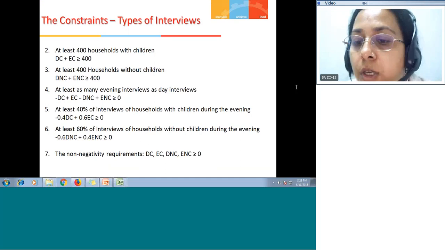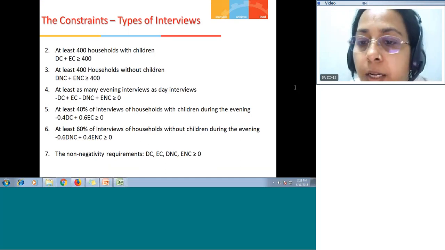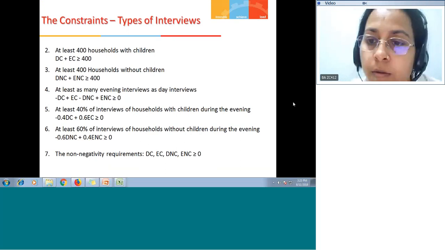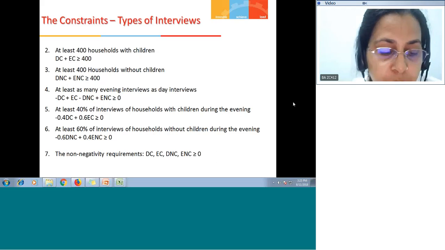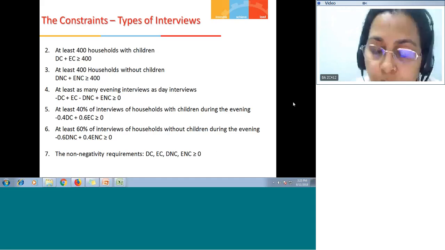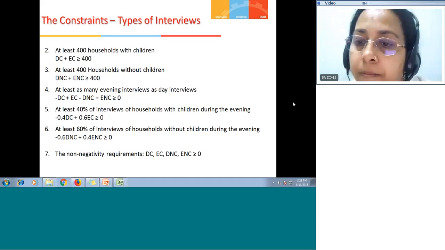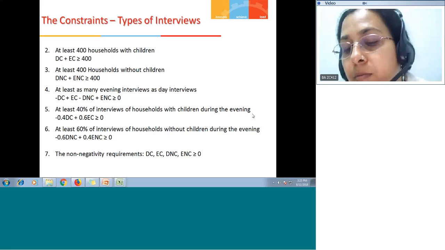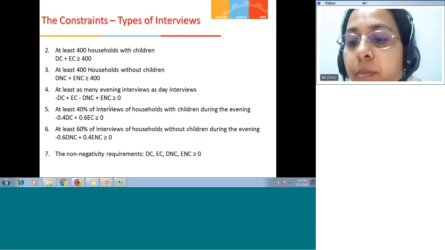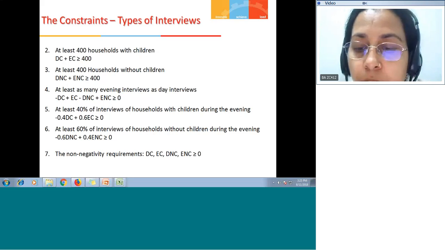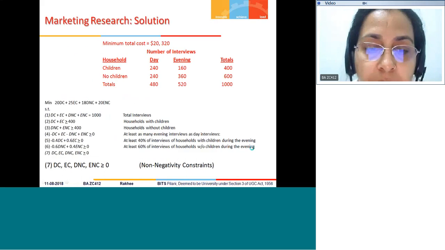So if you solve it, you will get negative 0.4 DC plus 0.6 EC greater than or equal to 0. The same way you can get this sixth constraint also, and both are for evening. If the constraint is such that evening can be replaced with day, then you can also change it. I'm trying, I cannot write it.